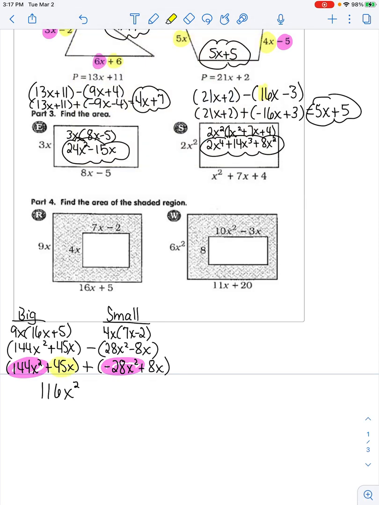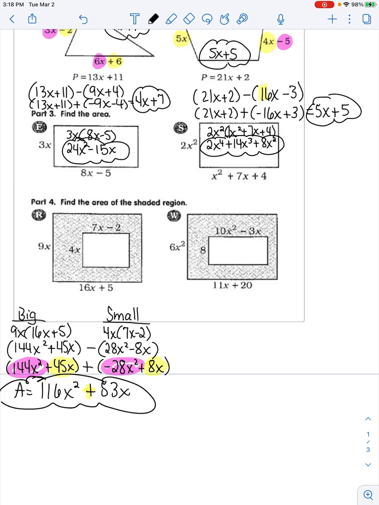And then 45x plus 8x, those will combine to give us plus 53x. So the area of the shaded region, and we represent that with a capital A when we write A for area, is 116x squared plus 56x.